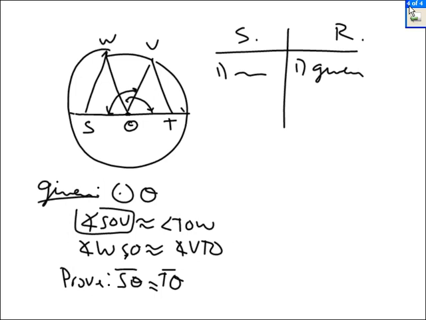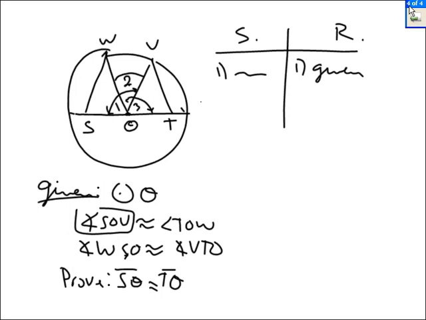Now, if I call the small angle there 1, and the angle in the middle 2, and this angle 3, we know that 1 plus 2, which is SOV, is congruent to angle 2 plus 3, which is TOW. And if you subtract angle 2, you'll have angle 1 and angle 3 equal.